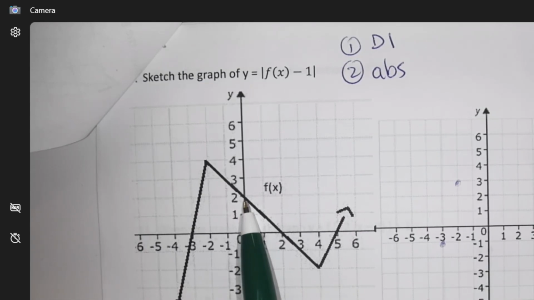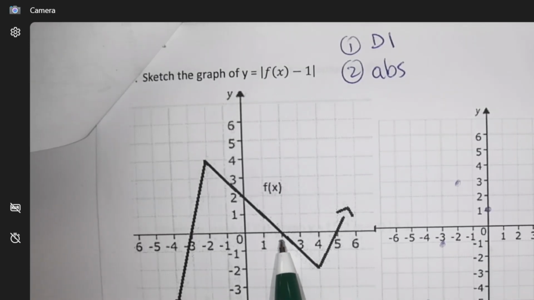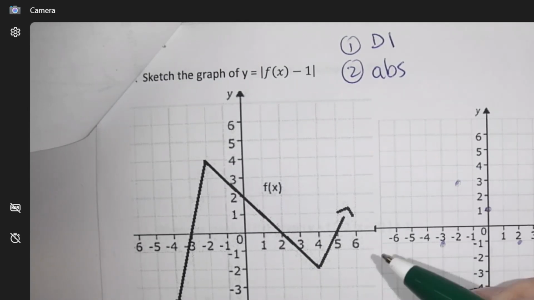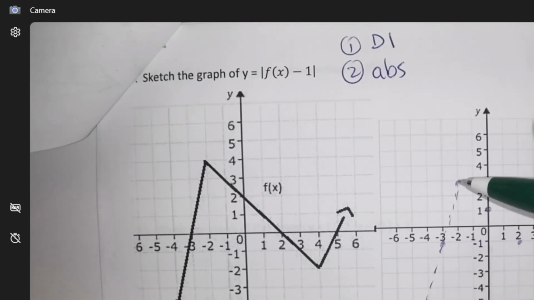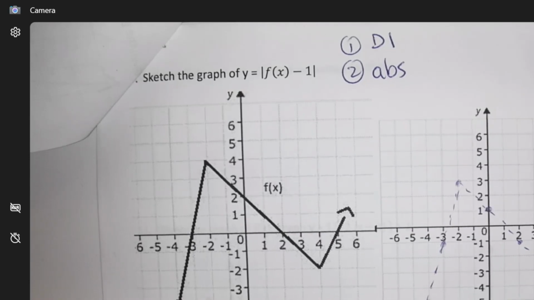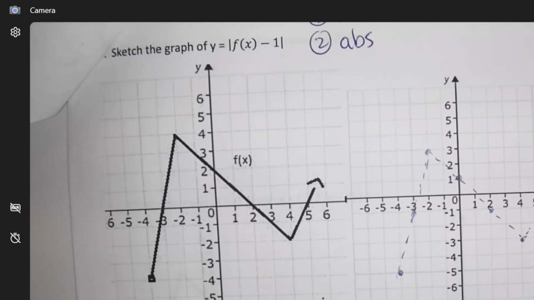The y-intercept instead of 2 is 1. This x-intercept at 2 is going to move down 1. 4 comma negative 3. Okay, so there's my down 1.